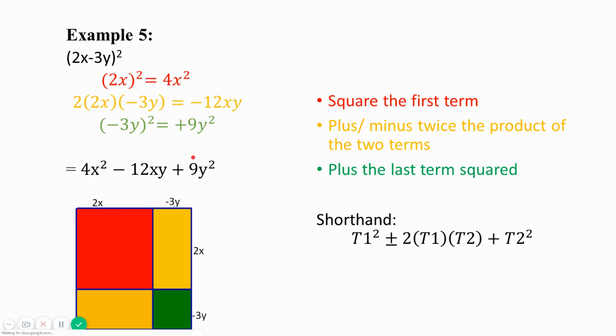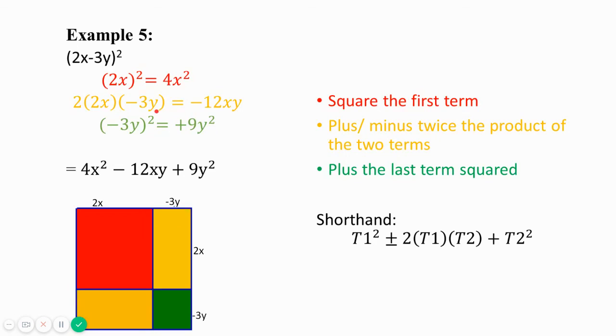Right. You can do the last example. You're going to copy this one into your book, but let me explain it first. 2x minus 3y, we have a binomial being squared. So it's first term squared, 4x squared. Is this going to be positive or negative, my middle term? Because this is negative, my middle term is going to be negative.